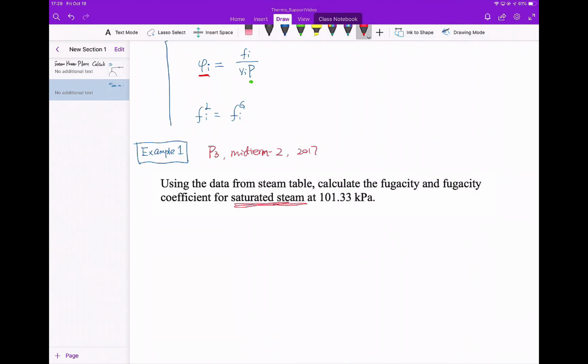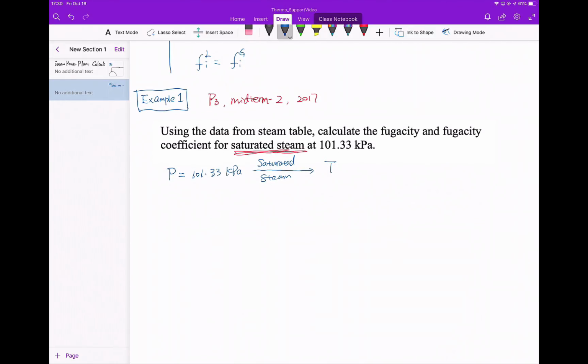So if I know P is 101 kPa, by using the saturated steam table, I shall know the corresponding T. This is number 1.